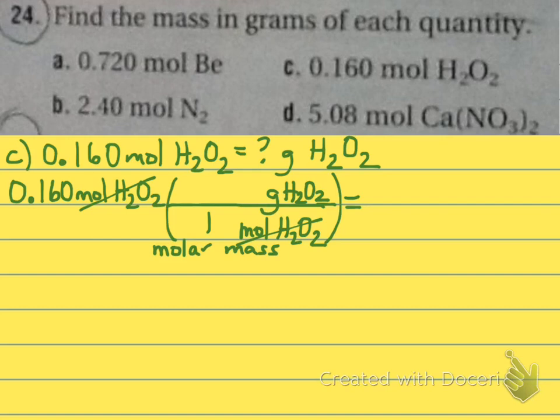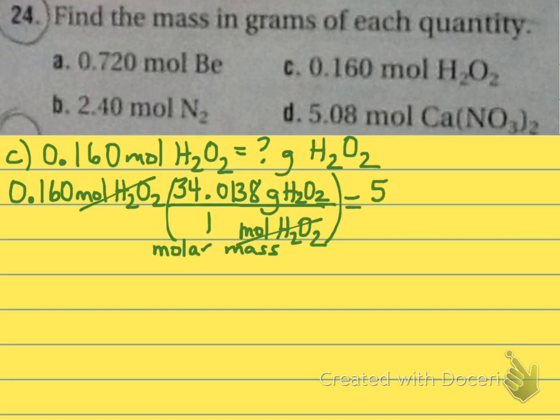So there's 2 hydrogens, so it's 2 times 1.0079, plus there's 2 oxygens, so plus 2 times 15.999, and so I get 34.0138. And again, I should multiply because both numbers are in the numerator.